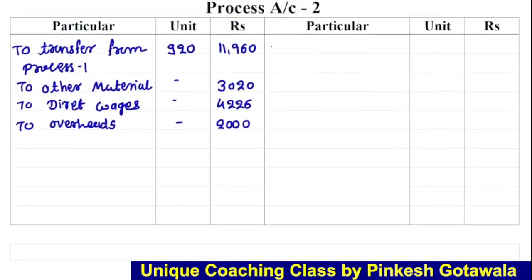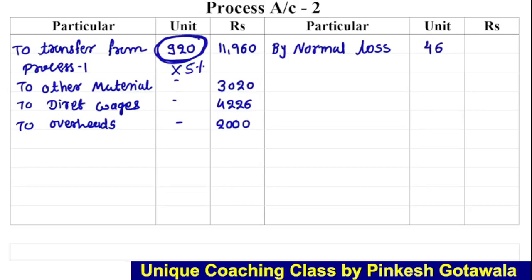So we give effect on the credit side: normal loss. How many? 5%. 5% of what? Of the units introduced, this 920, right? 5% of 920, 920 into 5%, so we get 46 units.